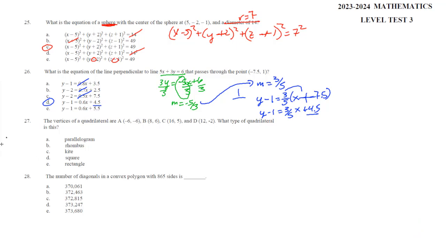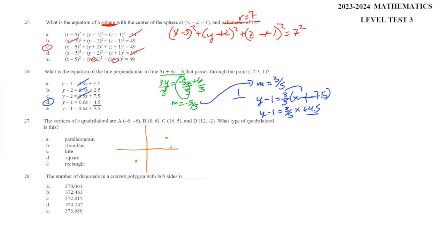Okay, number 27. These always scare me a little bit because I'm not sure I'm going to graph it right. The vertices of the quadrilateral are, okay, let's see what we can get here. A is (-6, -6), so clear down there. Then B is (8, 6), so about right there.